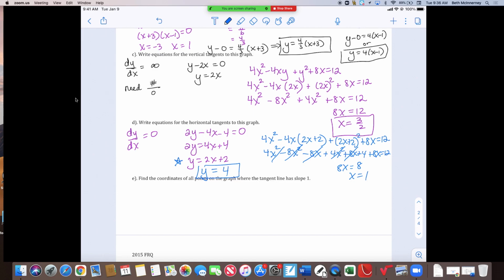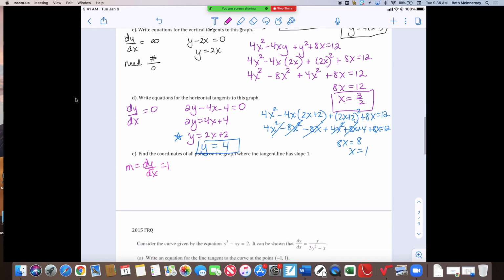All right, letter E. Find the coordinates of all points on the graph where the tangent line has slope equal to 1. So, if you want the slope to equal 1, we're going to set 1 equal to (2y minus 4x minus 4) over (y minus 2x).